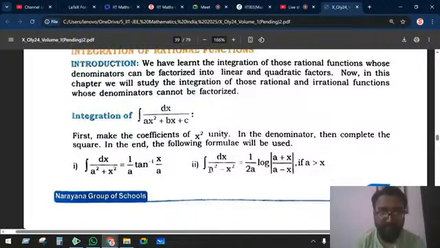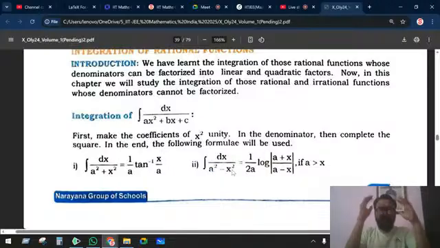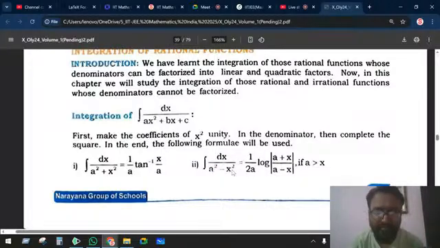Okay. See, whenever you see a square minus x square, keep in your mind, is it friendly to factorize? We can make this a factorization, a plus x into a minus x. Once it is linear, it is a simple equation, a plus bx form.